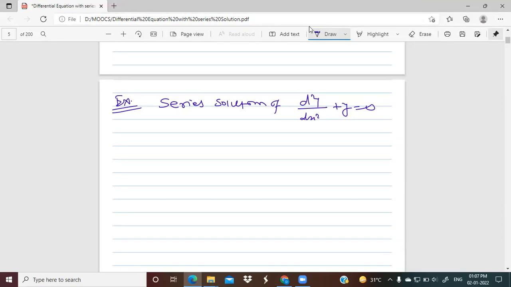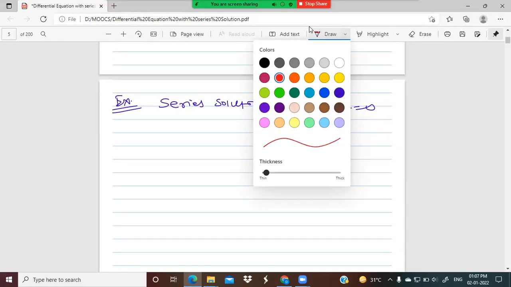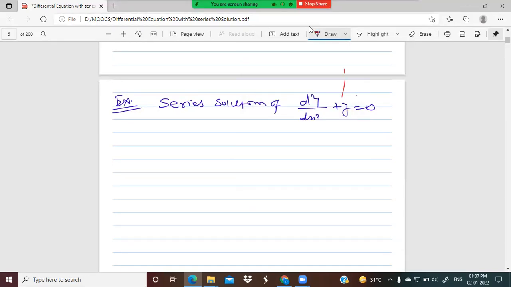It is very clear that the solution is y is equal to a into sin x plus b into cos x. This is the solution we are getting, but we'll use the series solution method here in the meantime.